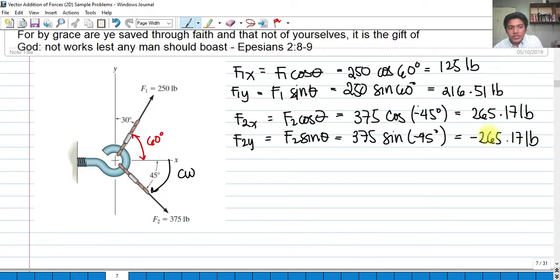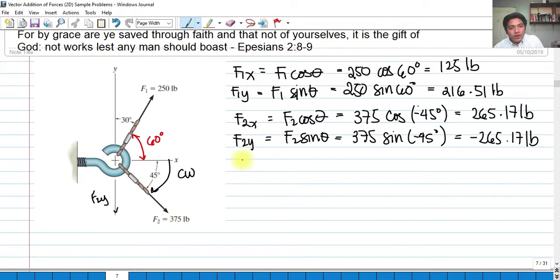Why? Because if you resolve F2 into its y component, this would be F2y, and it's going down, so it should be negative. That's the danger of not using the negative: you might forget to include the direction. But if you strictly follow this, the negative automatically means that it's going down.